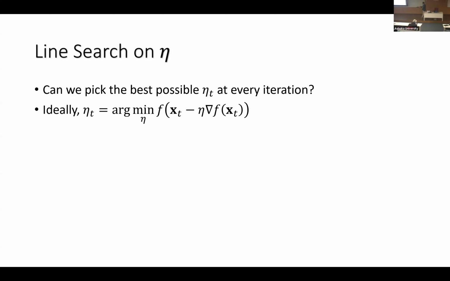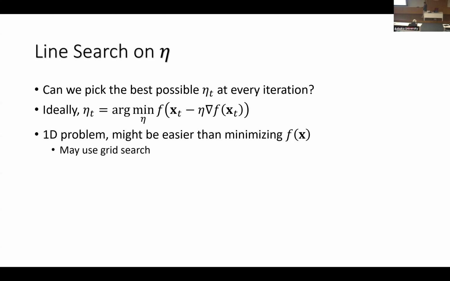Ideally, you can choose eta t to be the argmin over eta of f of xt minus eta times the gradient. Each time, I pose an optimization problem, and I have to solve it at every iteration. Obviously, I will not solve it exactly; I'll do some approximation.